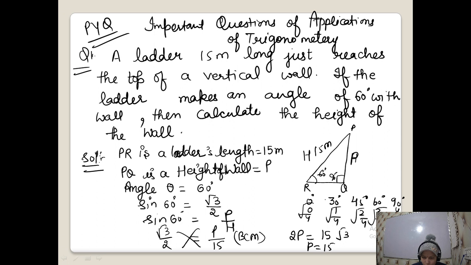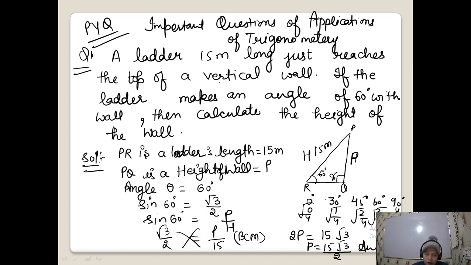P is equal to 15 root 3 over 2. If you rationalize, it's your choice, otherwise it's your answer. Now you can see P's value is 15 root 3 over 2. This is your answer.